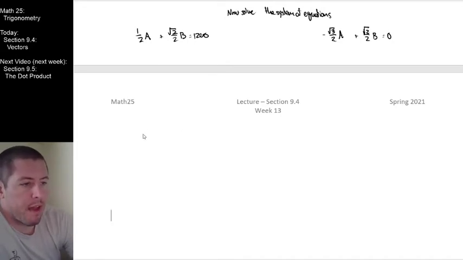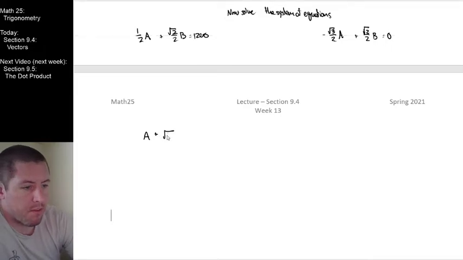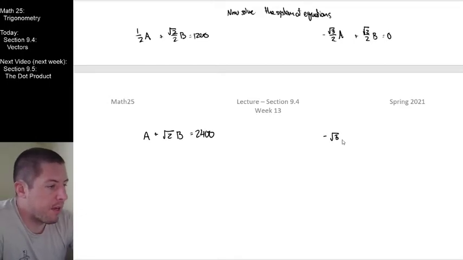So let's multiply everything by 2 here and just get A plus root 2B, I'm just clearing some fractions here, equals 2400. And then over here, negative root 3A plus root 2B equals 0.